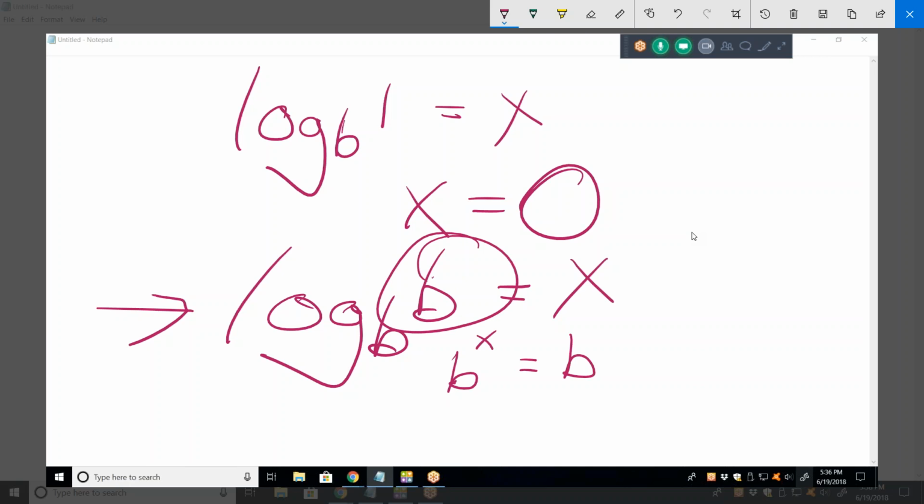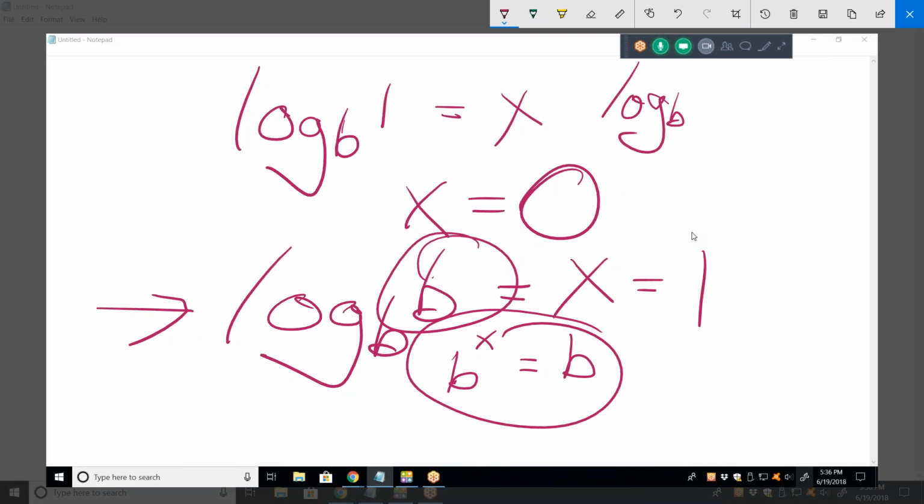It equals b. Now, what does x have to be for that to be true? 1. Exactly. So the log base b of b is always 1. So if I said the log base 17 of 17, I know instantly that's 1. I don't have to look it up in a calculator.